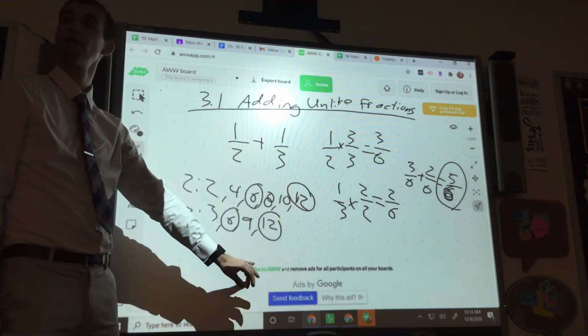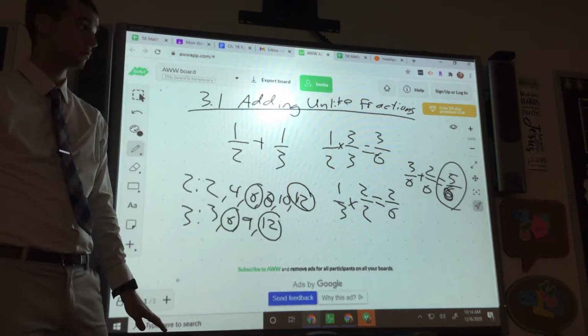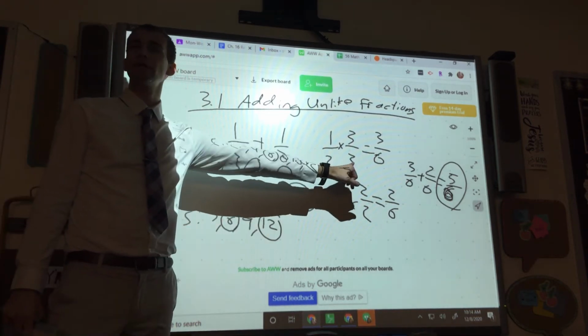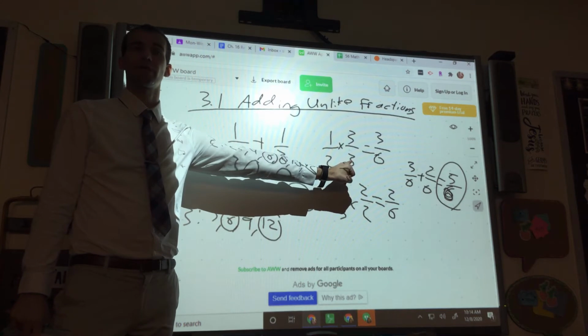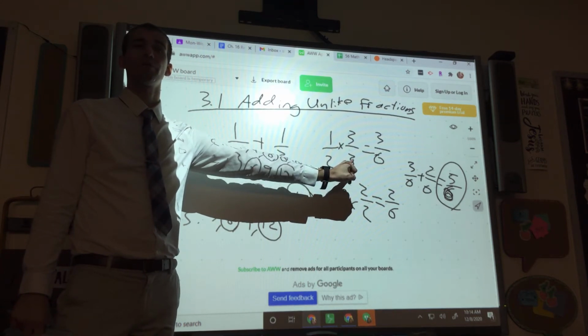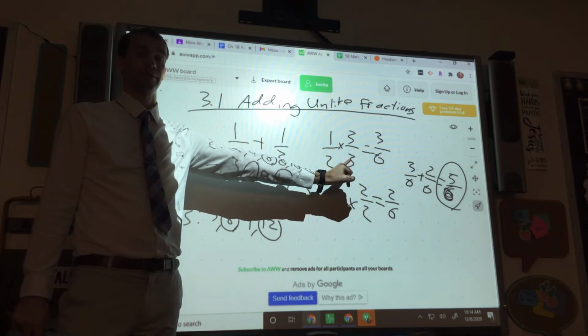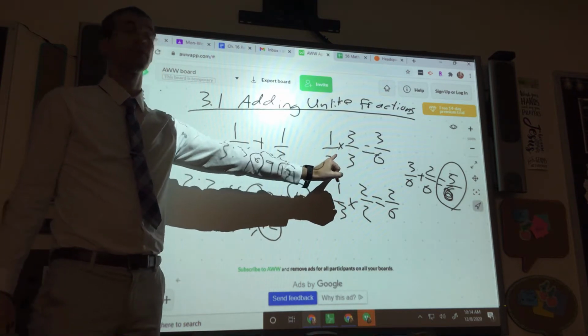If we would have done 12 as our common denominator, we wouldn't have multiplied by 3 over 3 here. What would we have multiplied by for 1/2 to get 12 on the bottom? 6 over 6.